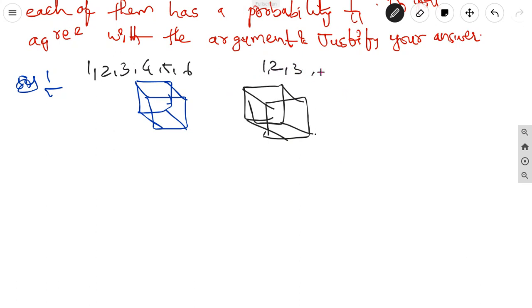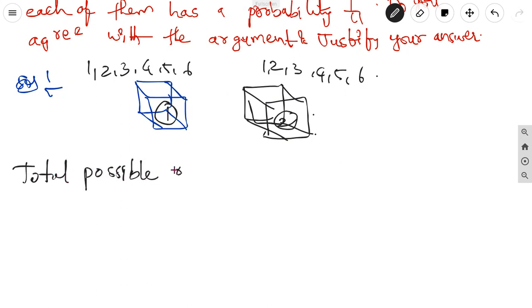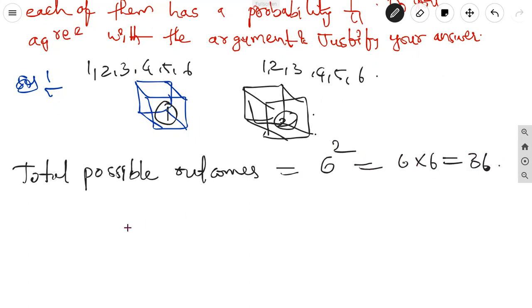It has 1 2 3 4 5 6 faces. It is die 1, it is die 2. In this, the total possible outcomes are: a die has 6 faces. How many dice? 2 dice. So 6 into 6, the total possible outcomes are 36.